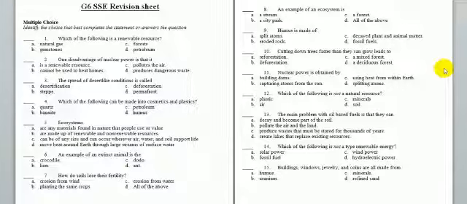Number 2, one disadvantage of nuclear power is that... Just to remind you quickly, we have some power or energy producers like solar energy, wind, hydroelectric power, and nuclear power. Nuclear power is the power we get when we split the atom.